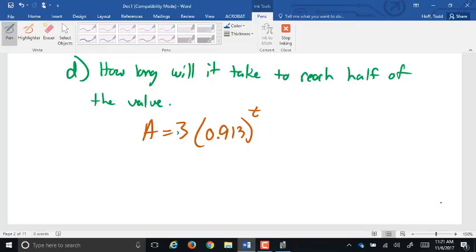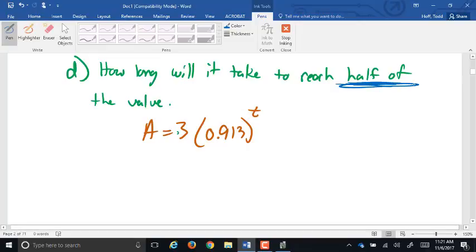So what goes into the formula to figure this one out? We're going to reach half of the value. I guess the question is half of what value?